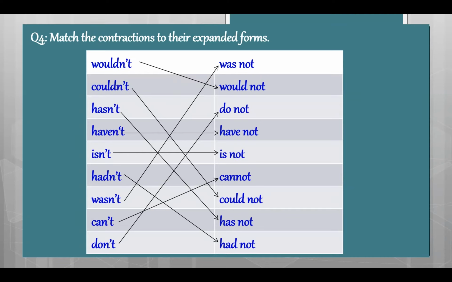The full form of wouldn't is would not, couldn't, could not, hasn't, has not, haven't, have not, isn't, is not, hadn't, had not, wasn't, was not, can't, cannot, don't, do not.